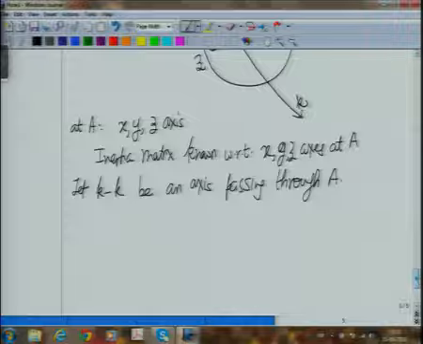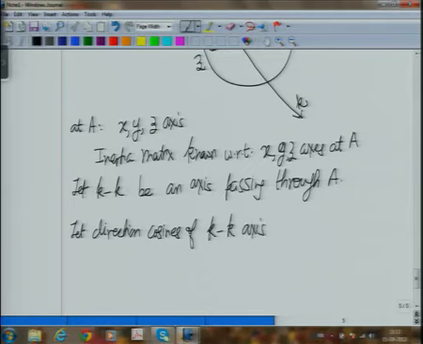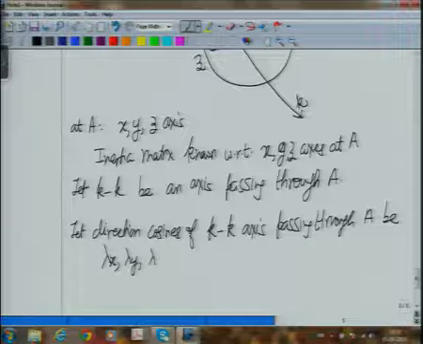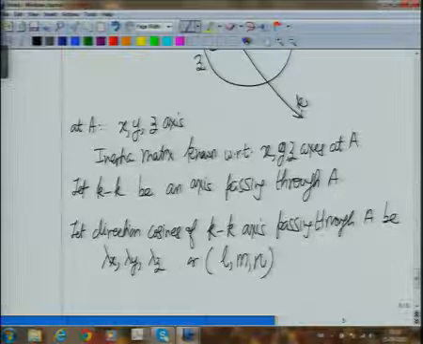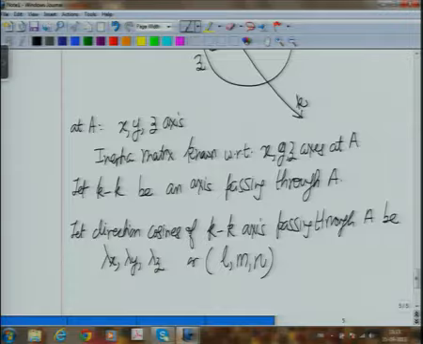Now, we say that the direction cosines of the KK axis passing through A are lambda x, lambda y, lambda z, and sometimes we also use the symbols L, M, N. I think you must be more used to these symbols, and the textbook uses lambda x, lambda y, lambda z, so that is why I am using this.